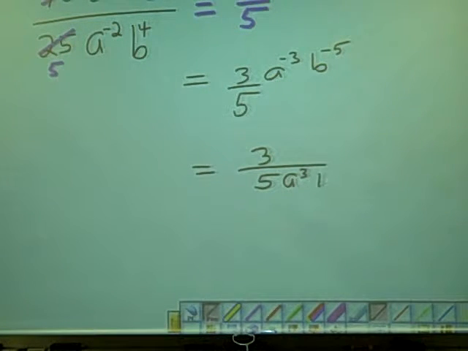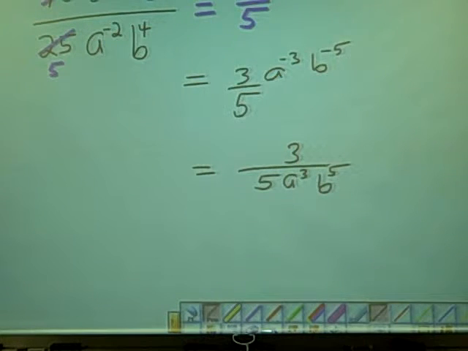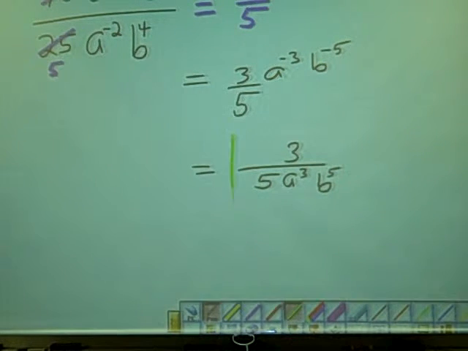And same thing with the B, right? Because that's also a negative exponent. So we can move this 3 over to the middle a little more. And there we go. 3 over 5, A to the 3rd, B to the 5th in the denominator. Okay? Questions with that?